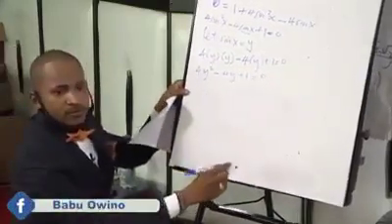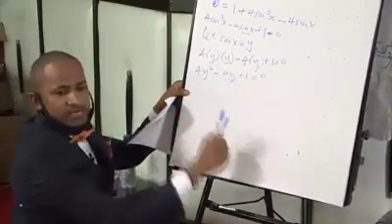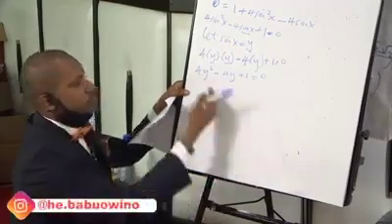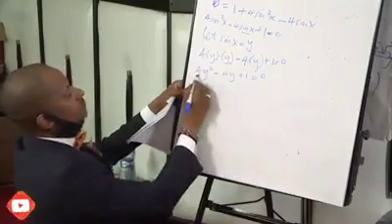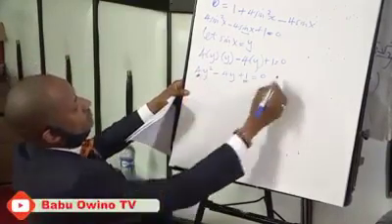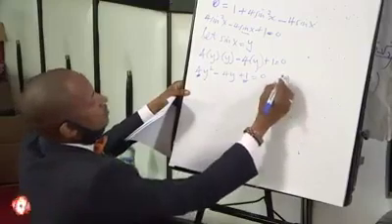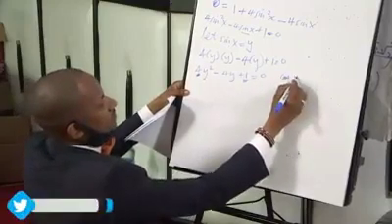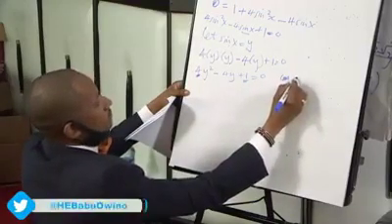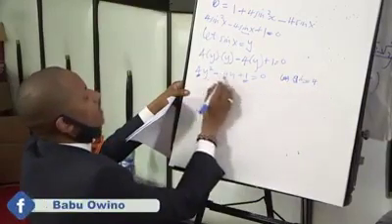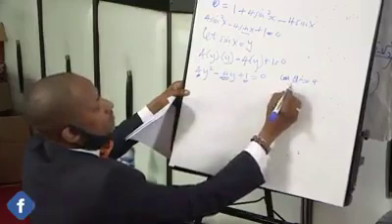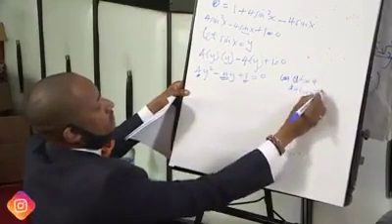Now, this is a quadratic equation. We just factorize this. So look for two numbers again. When you multiply them, a times b gives you 4 times 1, which is 4. And when you add them, gives you negative 4.